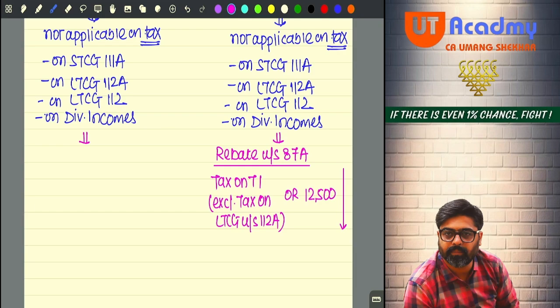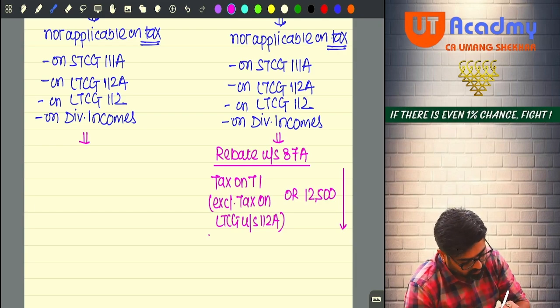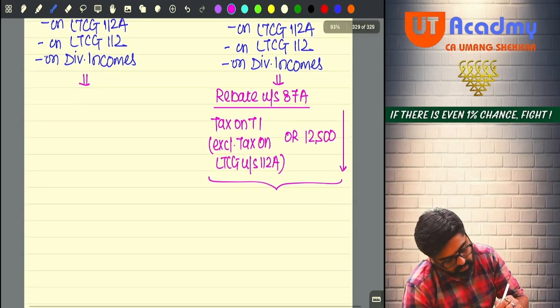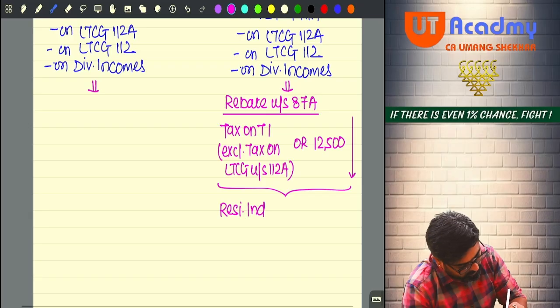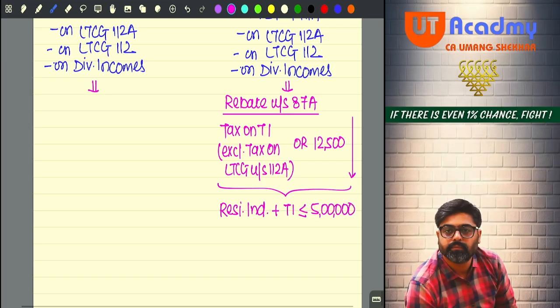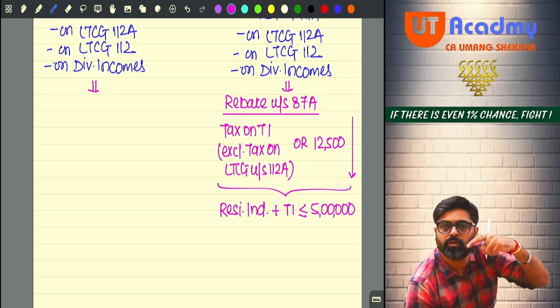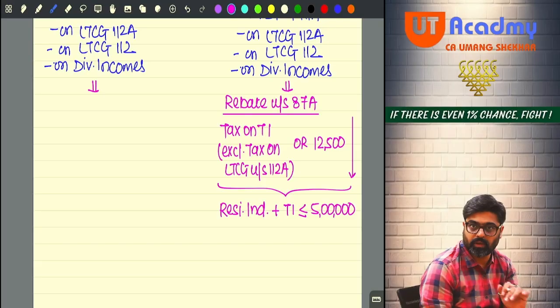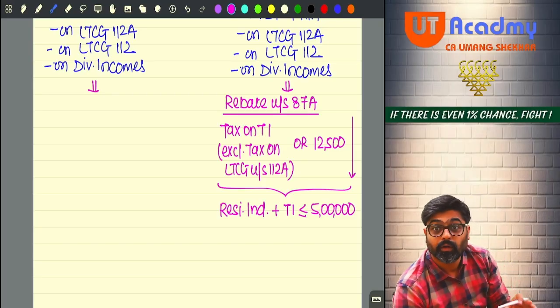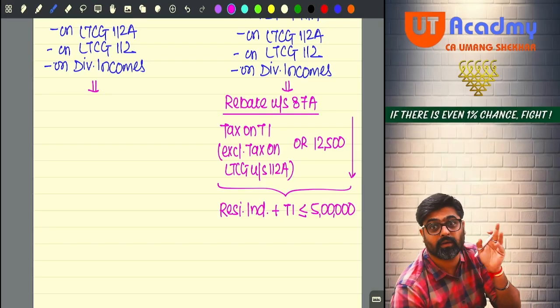But the rebate was available only if you are a resident individual having a total income less than or equal to 5 lakh. This was the condition to claim the rebate. And if the rebate was available, it was available how much? Maximum 12,500. If you shift out, this will be your rebate.